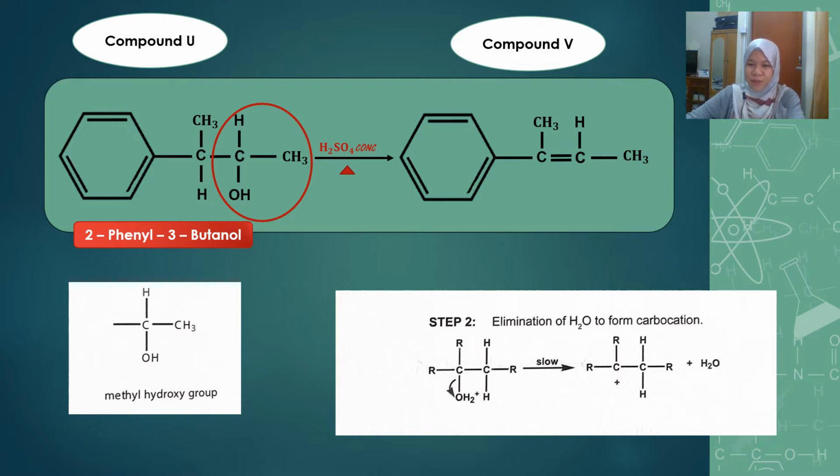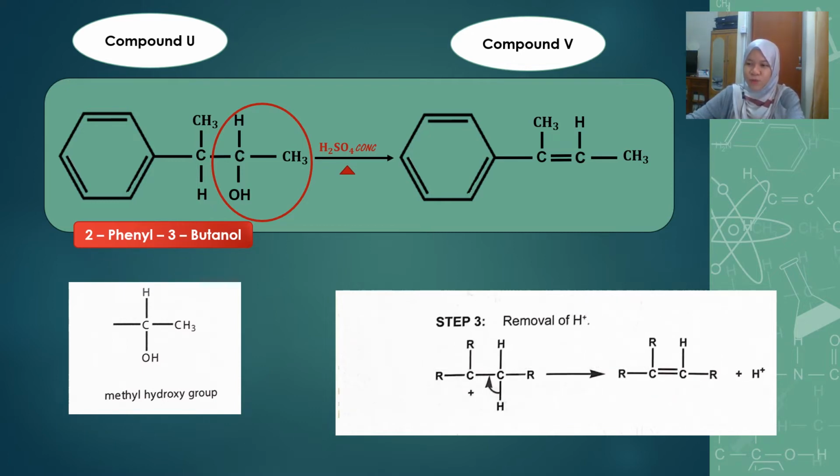Step 3, we want to form the double bond between the carbon-carbon. The name of step 3 is removal of H+. We want to form the double bond so that the carbocation will have enough bonds to make it 4.